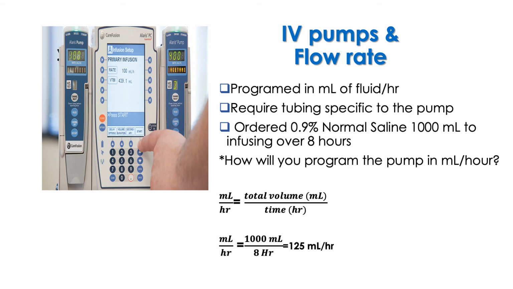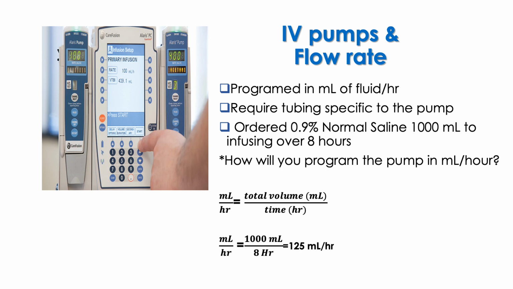As an example, it says normal saline 1,000 milliliters to infuse over 8 hours. The order is over 8 hours, but we need to calculate what that would be in milliliters per hour. So down here I have a formula for you.